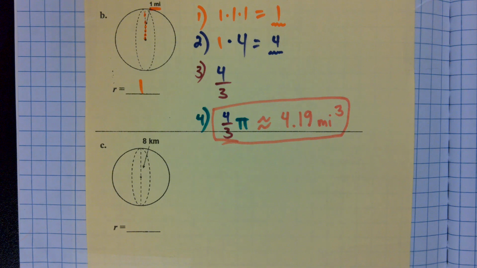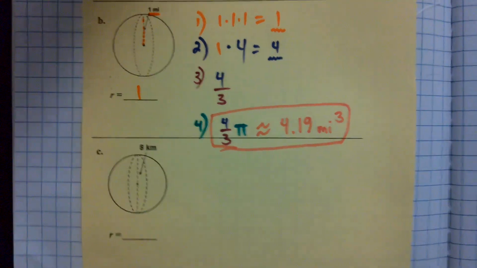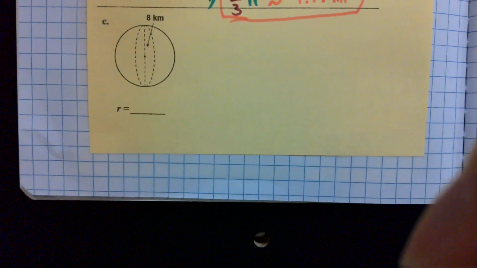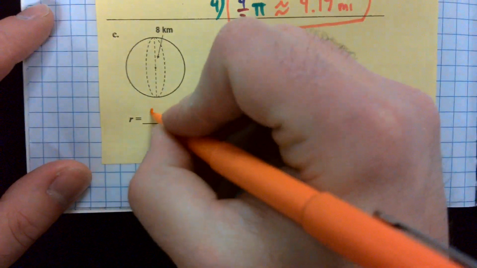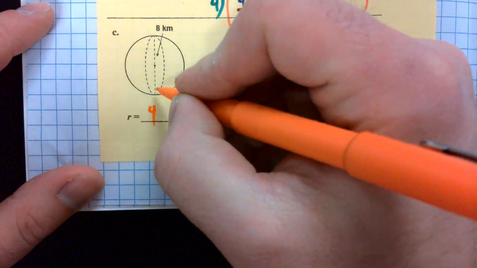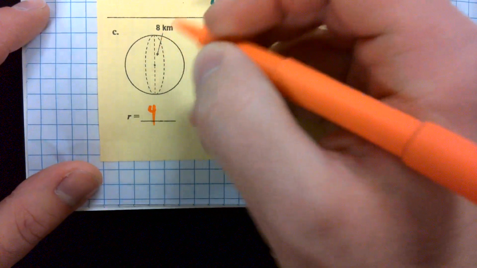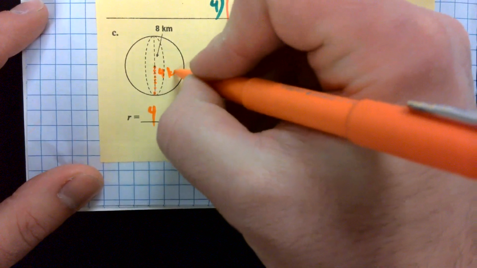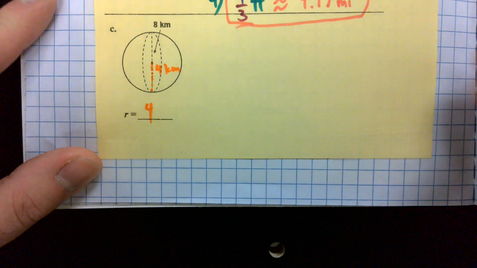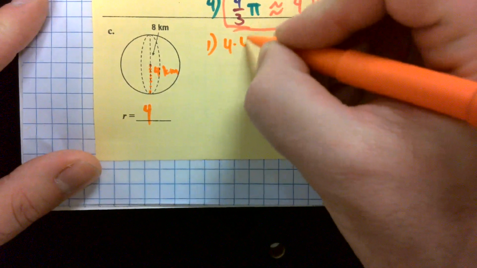All right, on to the last one. We got a sphere here. What's my radius? 4. We've got a full dotted line, that's 8 kilometers, which means our half dotted line will be 4 kilometers. So I'll do 4 times 4 times 4.